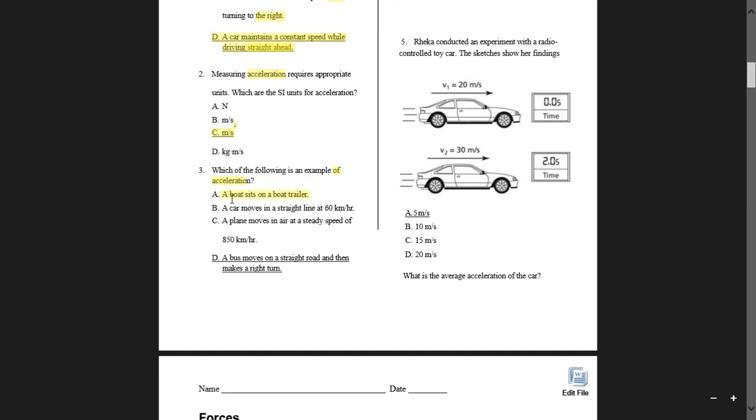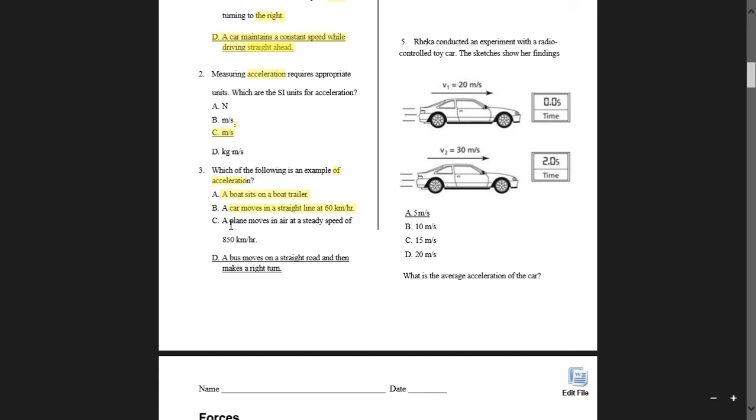In the first letter, there is no speed. The boat sits on a boat trailer and doesn't move, so acceleration equals 0. Second one, the car moves in a straight line at 60 km per hour, in the same direction with the same speed, so the speed doesn't change. In this case, no acceleration, but we ask about an example of acceleration.